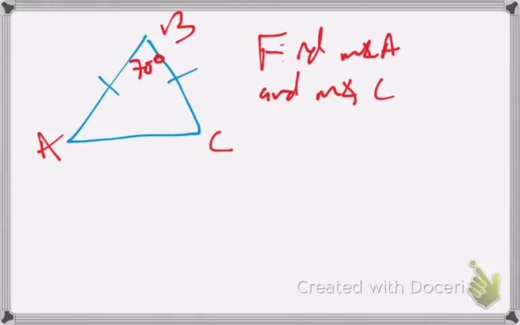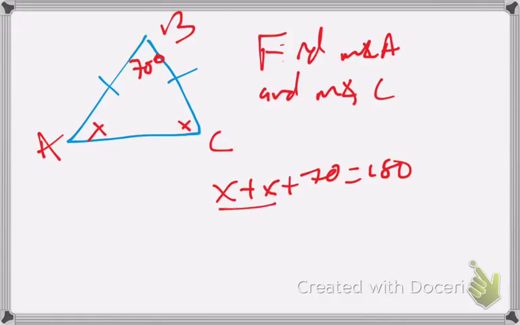Don't know what A is, so let it be x. But since this is an isosceles triangle, the base angles are going to be the same, so I'll let that base angle be x. Well, I'm still in a triangle, so I can add up all those angles and set them equal to 180. Now, combine like terms, subtract 70 from both sides, and 2x is equal to 110.